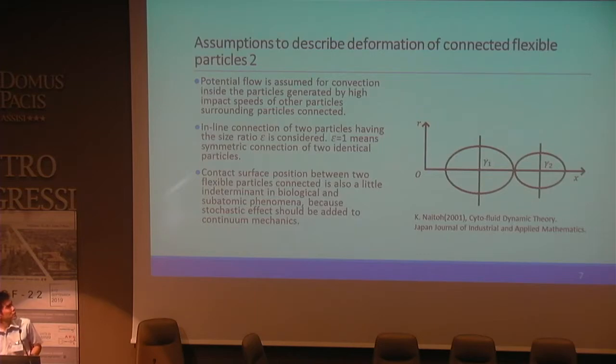Epsilon equal 1 means symmetric connection of 2 identical particles. And fifth, contact surface position between two flexible particles connected is also a little indeterminate in biological and subatomic phenomena because stochastic effect should be added to continuum mechanics.